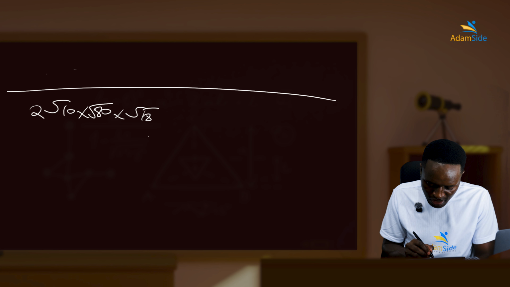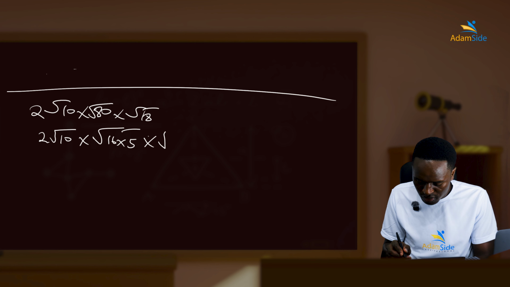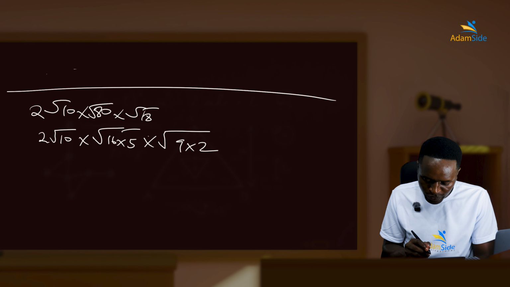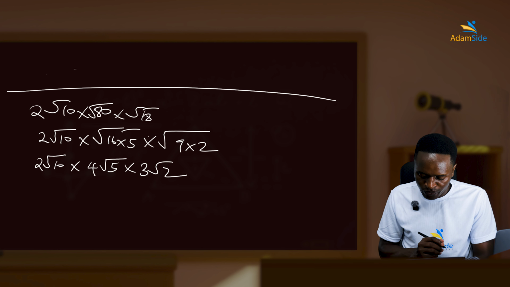In simplifying, we say 2 root 10 times root of 16 times 5 times root of 9 times 2. Then this is 2 root 10 times square root of 16, which is 4 root 5, times root 9, which is 3 root 2.